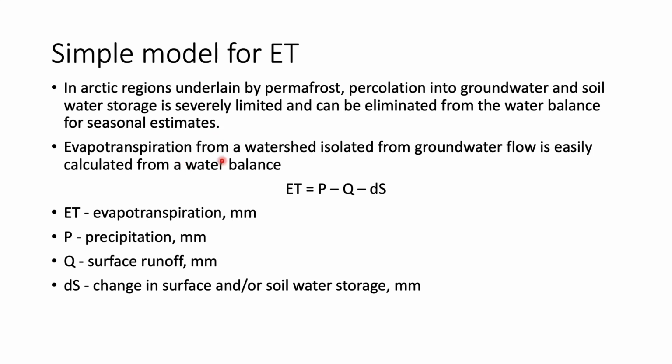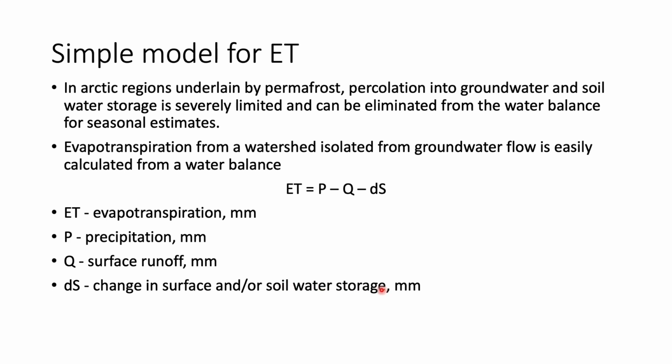Then evapotranspiration from a watershed isolated from groundwater flow is easily calculated: evapotranspiration is equal to P minus Q minus ds. P is precipitation, given in millimeters. Q is the surface runoff, again given in millimeters. ds is the change in the surface and soil water storage.